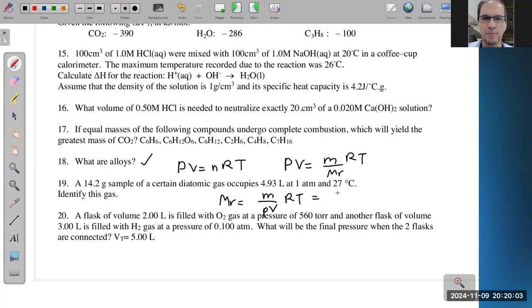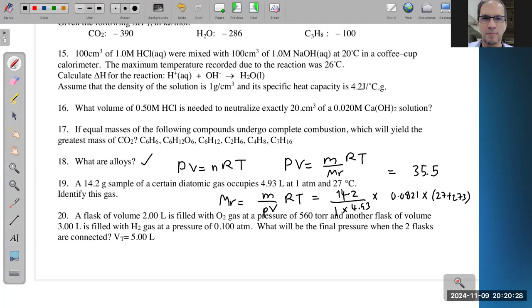Mass is equal to 14.2. The pressure is equal to 1. The volume is equal to 4.93. The R is equal to 0.0821 or whatever is given to you in the exam. And then the temperature is 27 plus 273 to change it from Celsius into Kelvin. Then you will get an answer equal to 35.5.